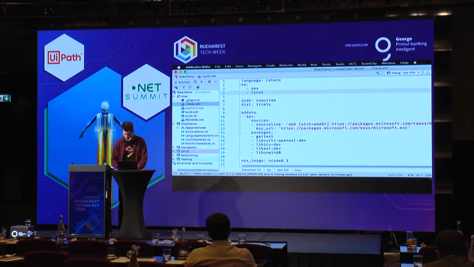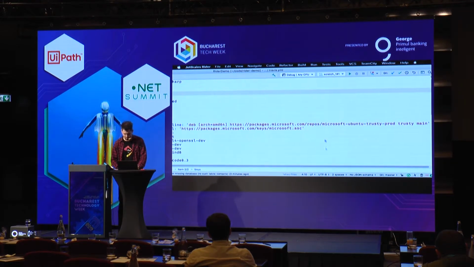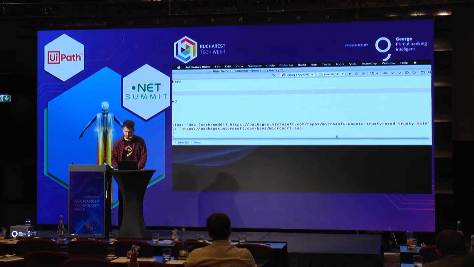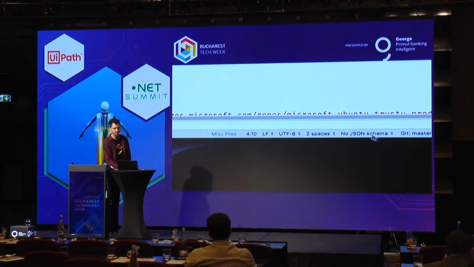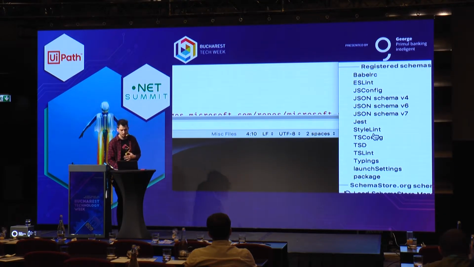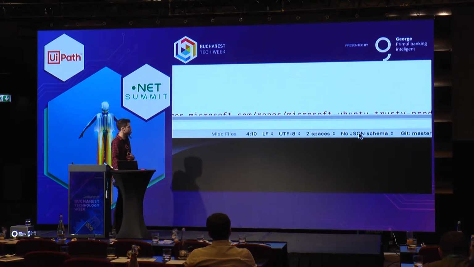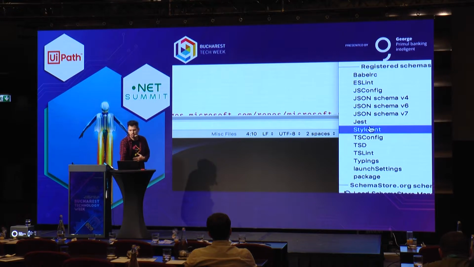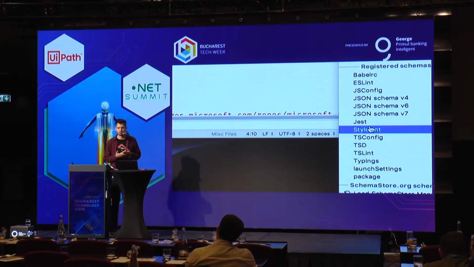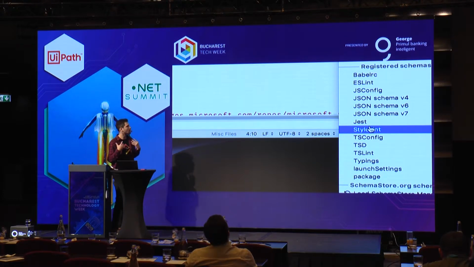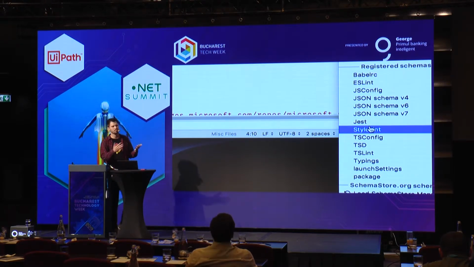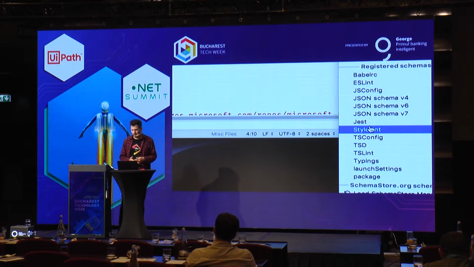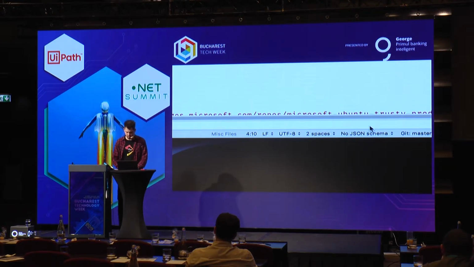Down here in the status bar, there's an entry for the JSON schema, and you can select from one of the schemas, and also load your own schema, and you will just get code completion for that. Also highlighting if some values don't match what the schema says. And yeah, you get just nice little code assistance for that.